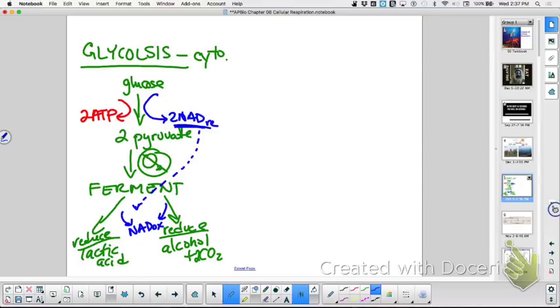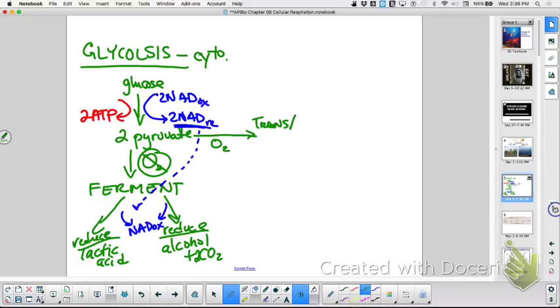Because you need to regenerate oxidized NAD. Because when you reduce the NAD, that's why you get to net out 2 ATP. If you run out of oxidized NAD, you're out of luck, right? Now, where does fermentation take place? Cytoplasm, exactly.